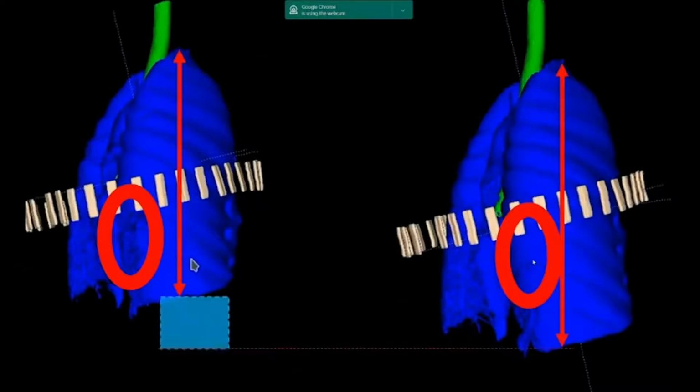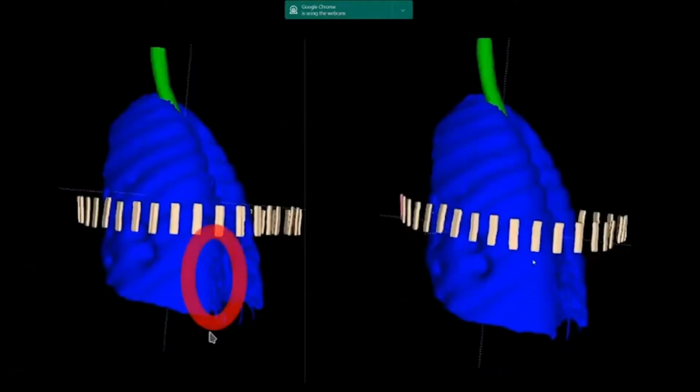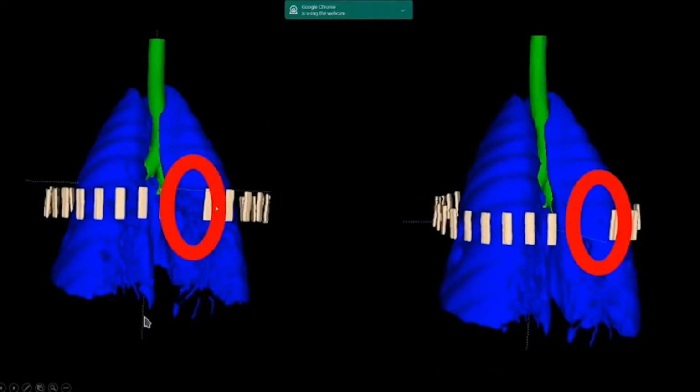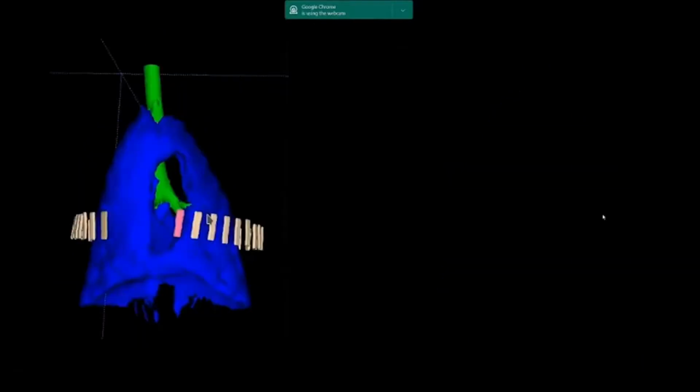As a result, this lung got bigger, also wider, and we can see many different lung regions that got recruited with this procedure, and this patient had improved oxygenation. So lots of collapse previously, and after the procedure, complete recruitment of those regions.